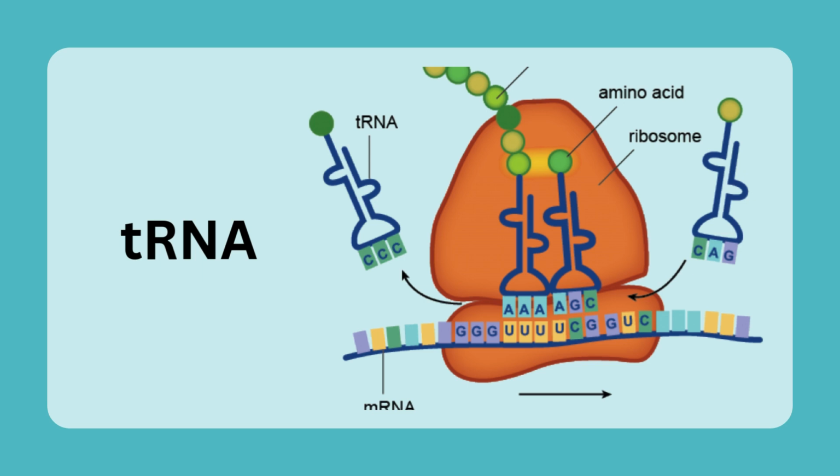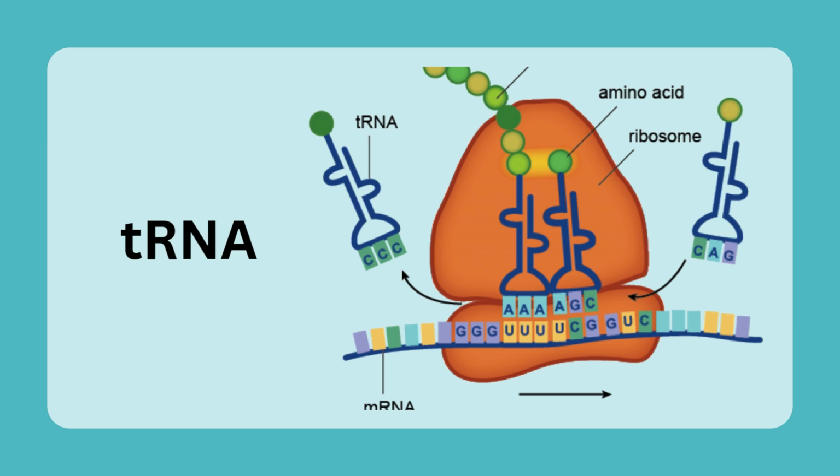That anticodon helps it recognize the codon on mRNA, matching the mRNA codon and bringing the amino acid accordingly. So that's why it can also be called an adapter molecule.